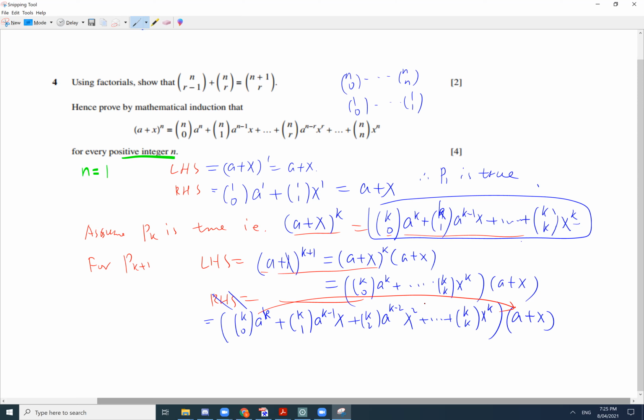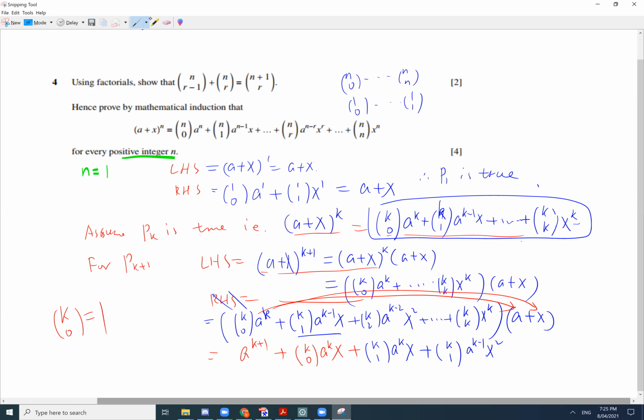Here, kC0 is just 1, so we get a^(k plus 1) plus kC0 a^k x, the first term times the second one, plus the second term times the other two: kC1 a^k x and kC1 a^(k minus 1) x squared.